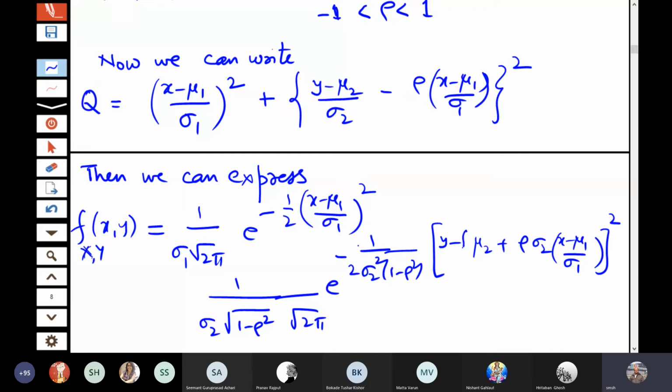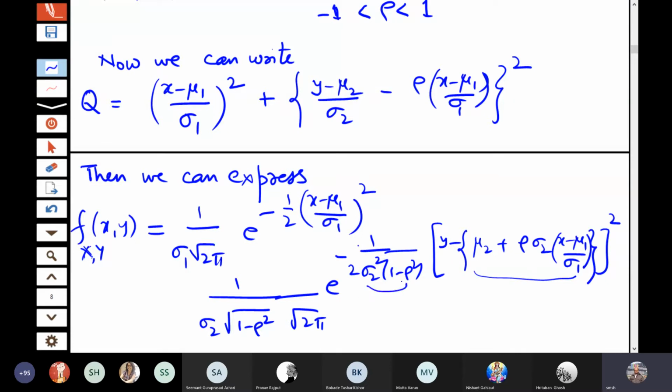So I think I have missed out a sign here. This will come here. This will be acting as a mean of y, and this will act as the variance of y.